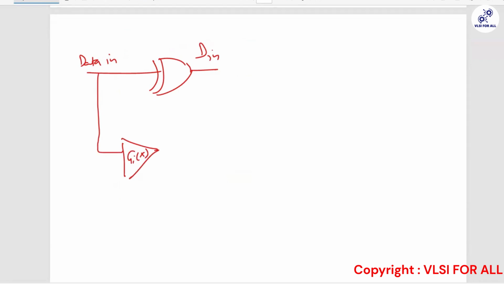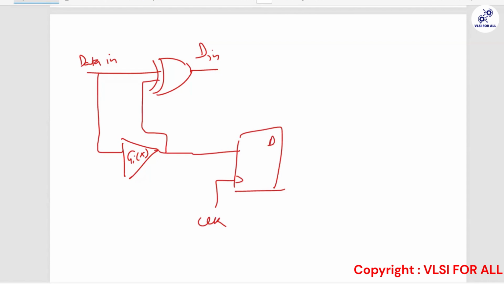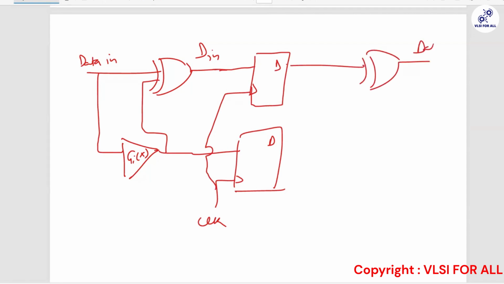It comes out of the flop, this is the clock, and again another flop with the clock, and we are checking the data.